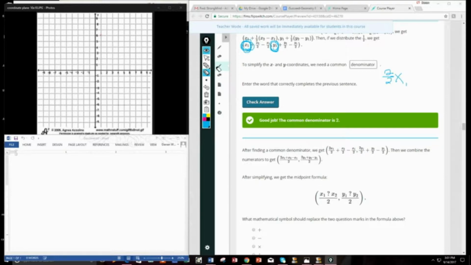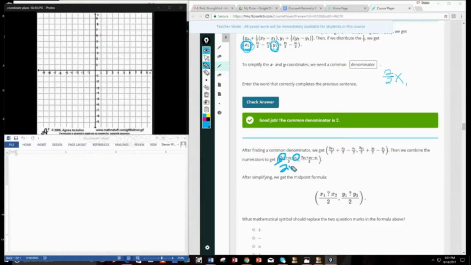Alright, so after simplifying, we get the midpoint formula. Well, let's look at this. We have 2x sub 1s plus an x sub 2. Well, x sub 1 is not the same as x sub 2. But we have minus x sub 1. So we can combine these two because they are like terms. They both are x sub 1s.